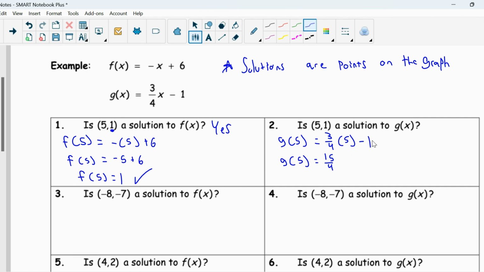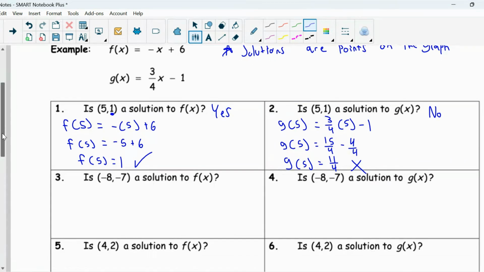And in order to subtract our fractions, let's turn 1 into a fraction with 4 in the denominator, which is just 4 over 4. Finally, that gives us g of 5 equals 11/4, which is not equal to 1. So the output of this equation is not 1. So no, it is not a solution of g of x.